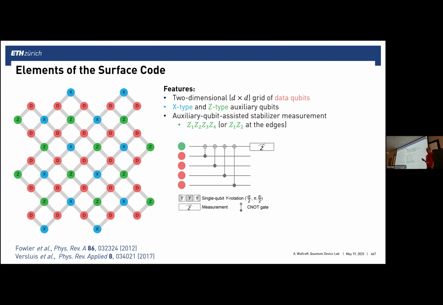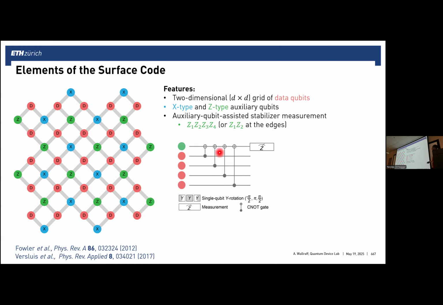But you can do a gate-based, auxiliary-qubit-based measurement of this operator. The way to do this is you take the four data qubits on the vertices of this plaquette, and you run CNOT gates between each one of these data qubits and an auxiliary qubit that sits in the center. These gray bars here indicate the connectivity.